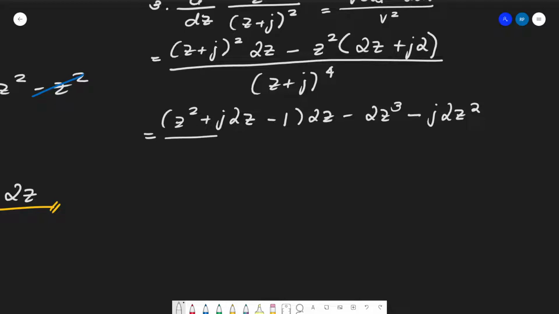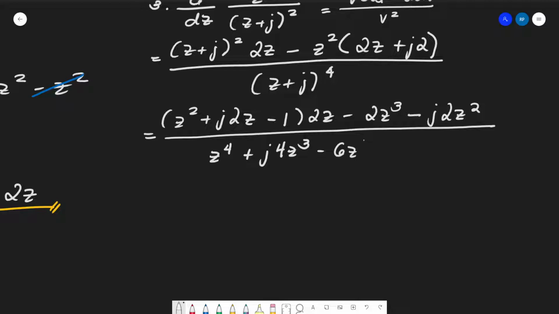All over binomial expansion ng fourth. So, we have z to the fourth plus j 4z cubed minus 6z squared minus j 4z plus 1.